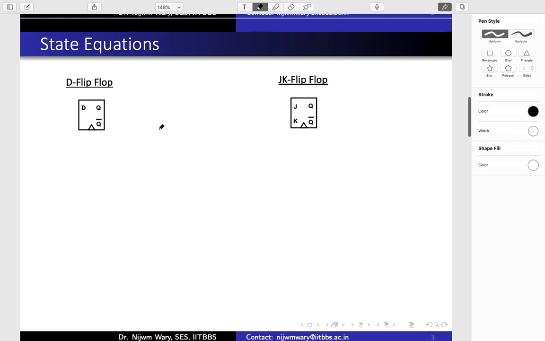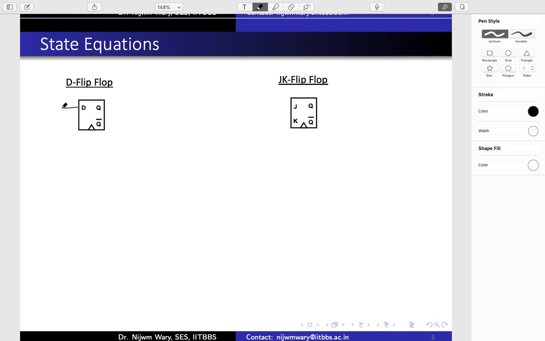Let's consider these two known scenarios. We know the operation of a D flip-flop, and we know the operation of an edge triggered JK flip-flop. For a D flip-flop we have the input D and the outputs Q and Q bar.